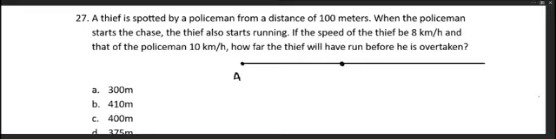Let's say this is point A, this is point B, and this is point C. The thief is spotted by a policeman from a distance of 100 meters.